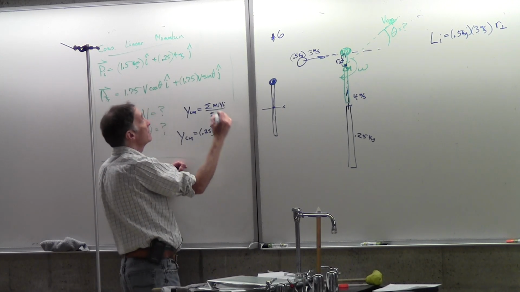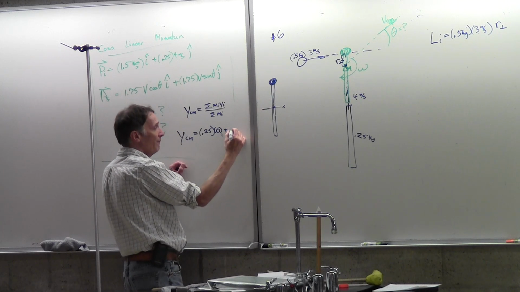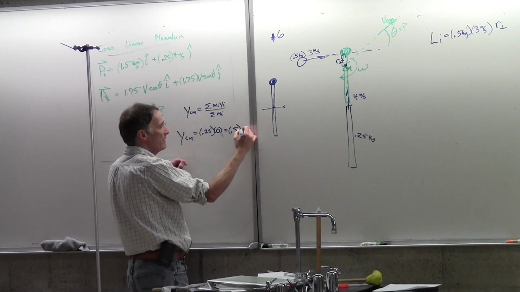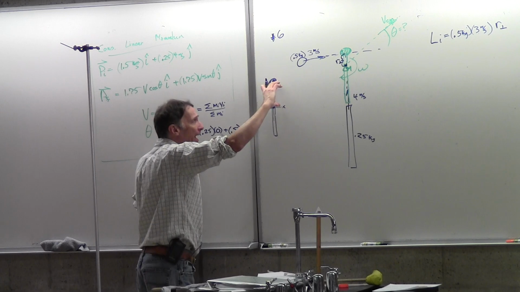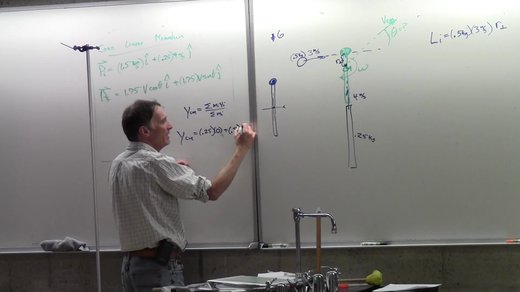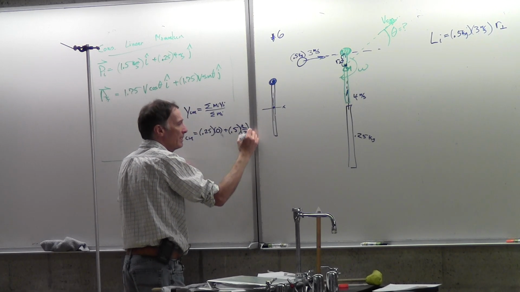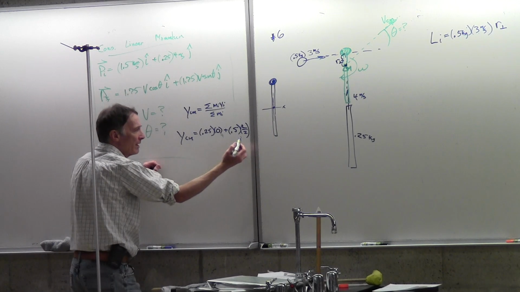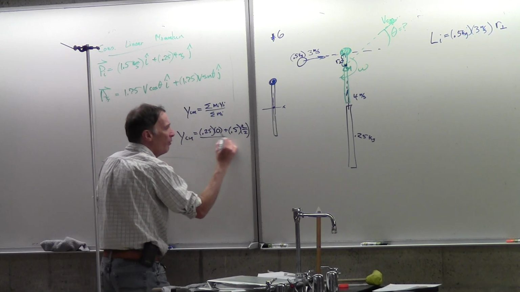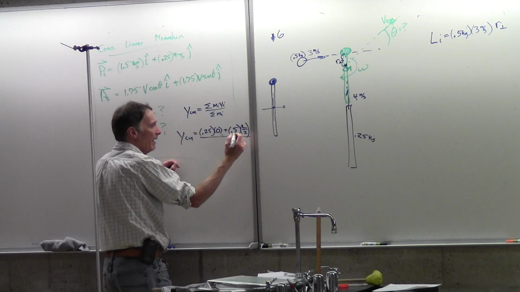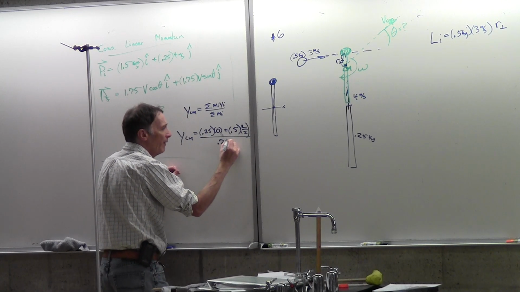And then plus this other clay ball, which is 0.5 times its position. Well, it's half the meter stick, let me just call it L over 2. And then all over the total mass, which is 0.25 plus 0.5, or 0.75.